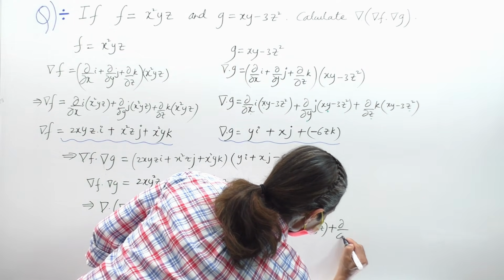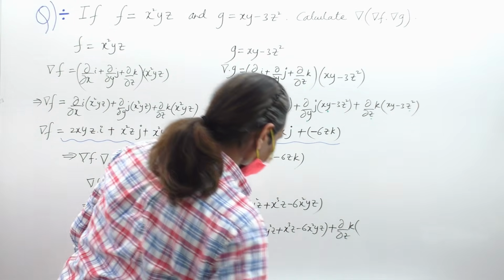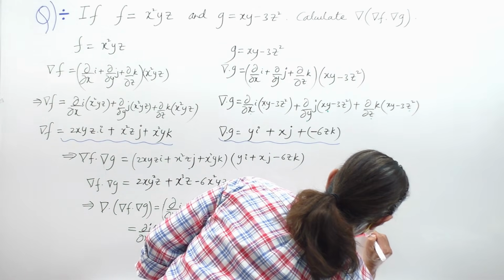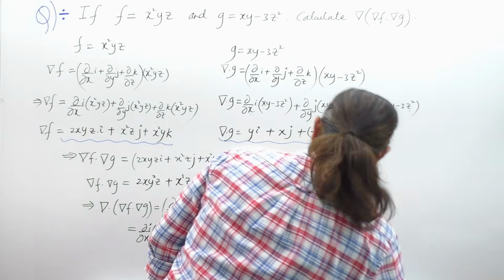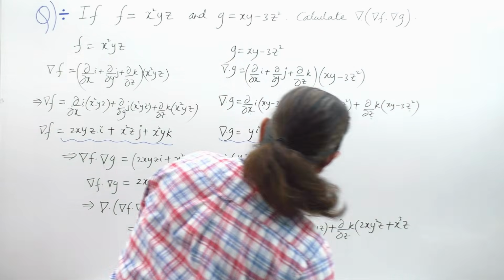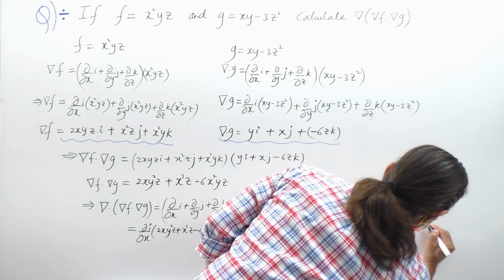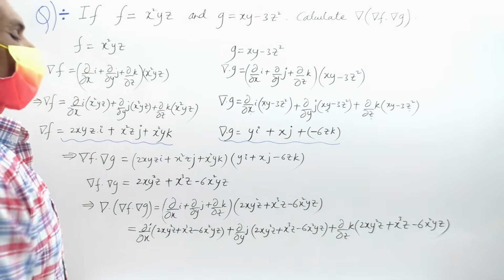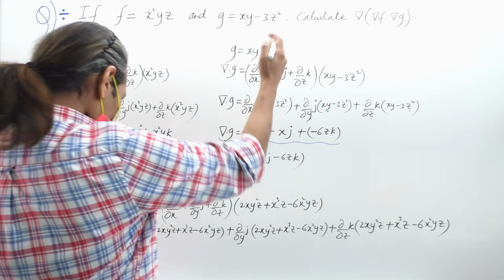Lastly, plus ∂/∂z of k into, as it is, so this is 2xy²z + x³z − 6x²yz. Okay, done. Now let's find the whole solution here.